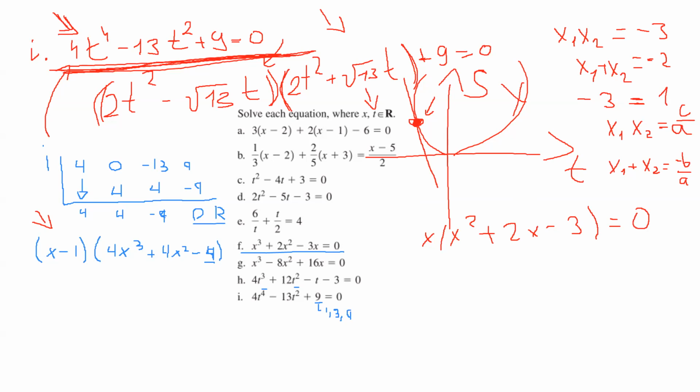Plus 4 negative 1 squared times. Give me a second, I'm just trying to find it out. Negative, so 3. Let's try negative 9.